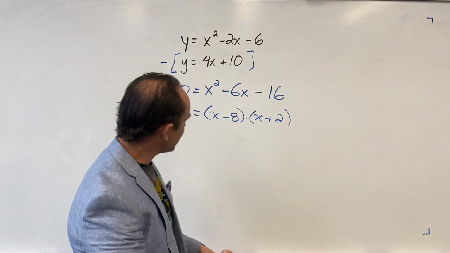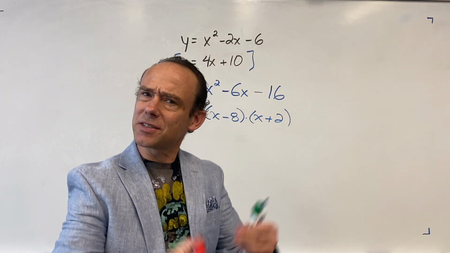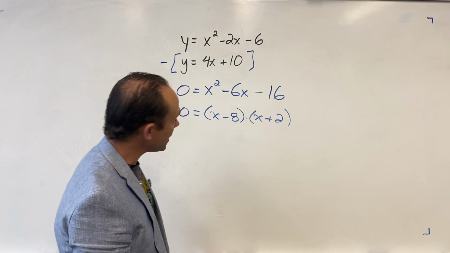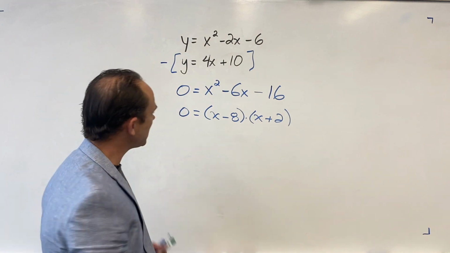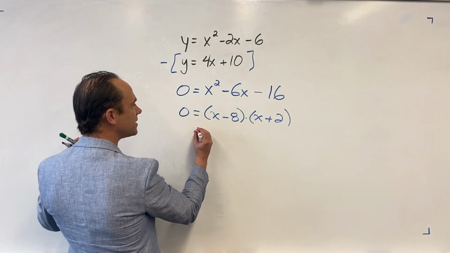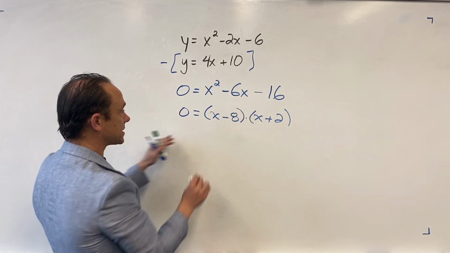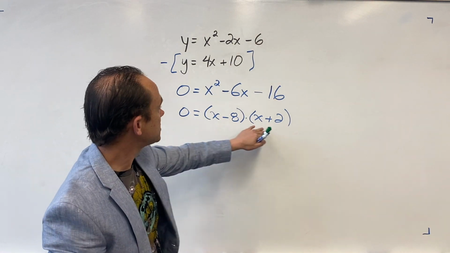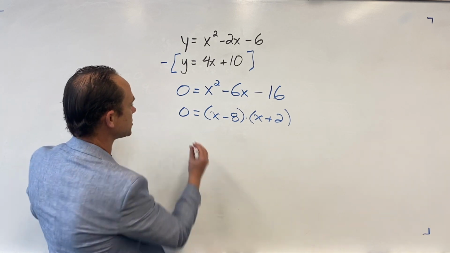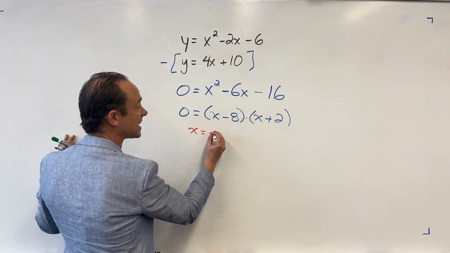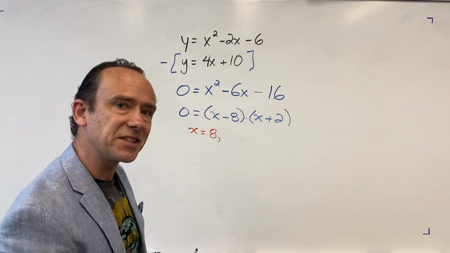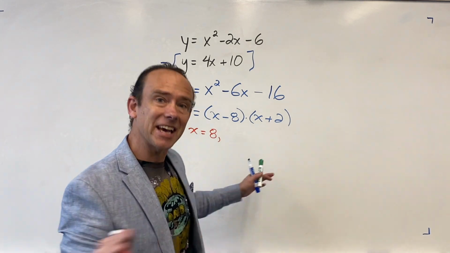Now I'm going to take advantage of the structure of intercept form, for those of you who like that, or the zero product property, and realize that here, this x has to be 8, because 8 minus 8 is 0, and 0 times 10 is 0. So one answer that works is 8. And the other answer that works is negative 2, right?